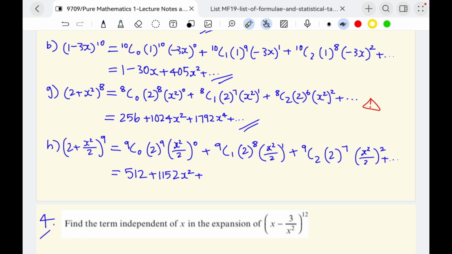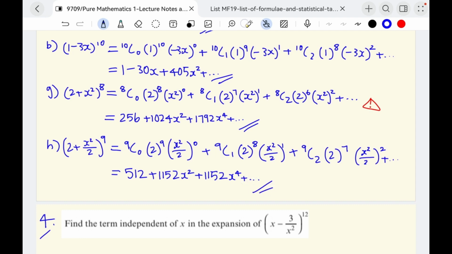Wait a second, 9C2 times 2 to the power of 7 divided by 4. Coincidentally it has the same coefficient as the x squared. I think I calculated wrongly, but let me check it again. Yes, my calculation was right.